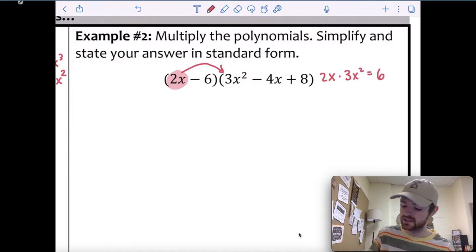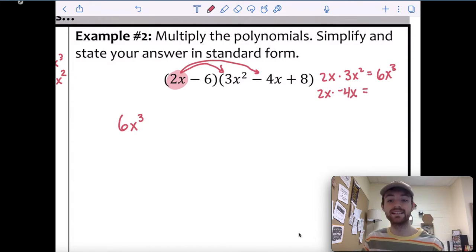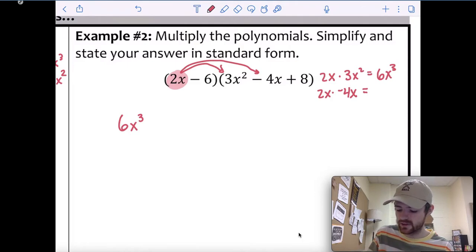Add the exponents to get 3. So far, nothing's changed. 2x times negative 4x. Make sure you're bringing in that negative. 2 times negative 4 is negative 8. We add the exponents to get x squared.